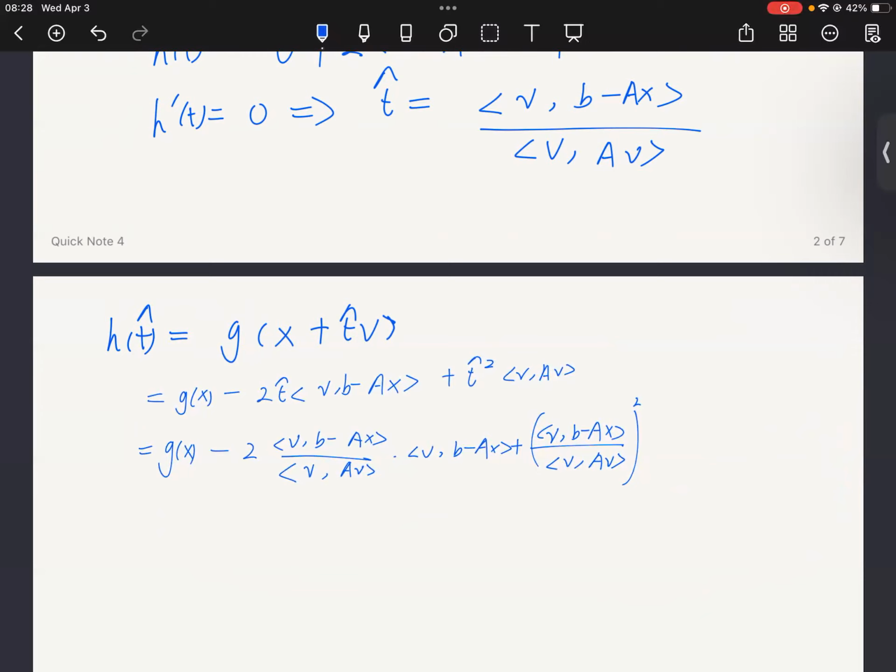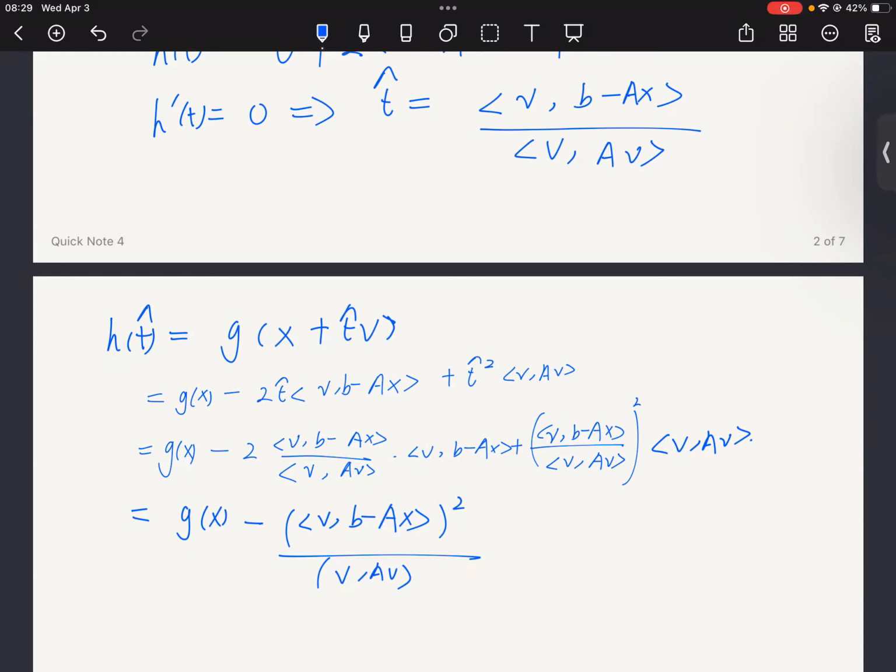And the next thing is the v A v. You will see at the end, after some simplification, this one is the same as this one, but this one has coefficient 2, and this one has coefficient 1.